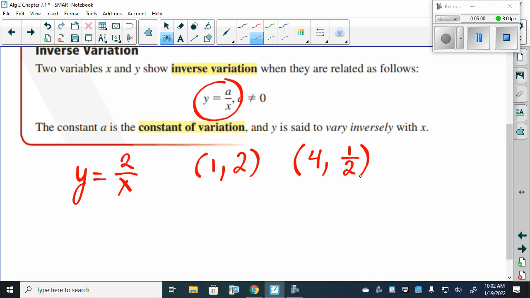Okay, well, let's go the other direction. Let's decrease x, and let's not take it all the way to the negatives. Let's just take it to 1/2. And 2 divided by 1/2 actually works out to be 4. So as we decrease the x values, the y values actually increase.